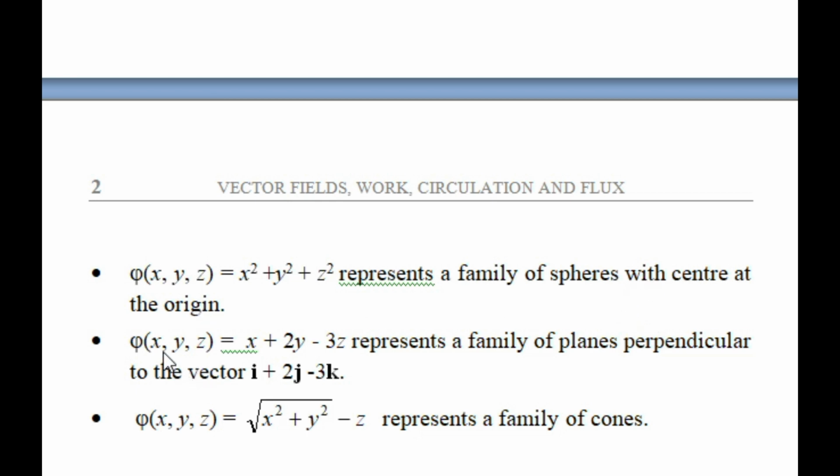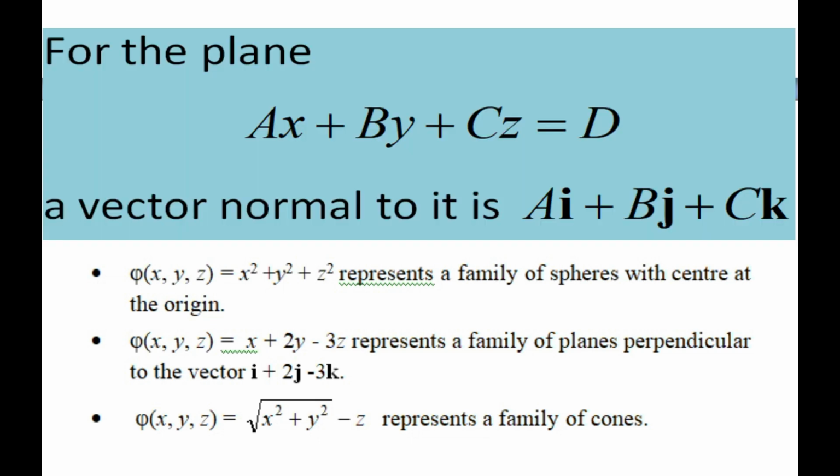Similarly, consider the scalar field x plus 2y minus 3z. If we put this equal to c, then it represents a plane, because you all know that the general equation of a plane is ax plus by plus cz is equal to d, and such a plane will have a normal of the form ai plus bj plus ck.